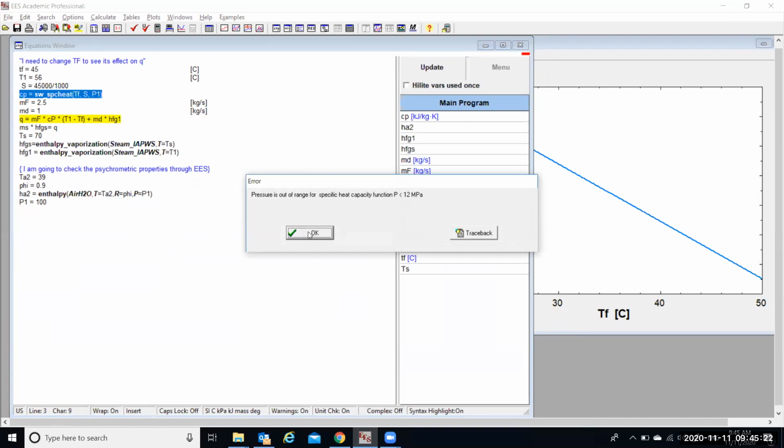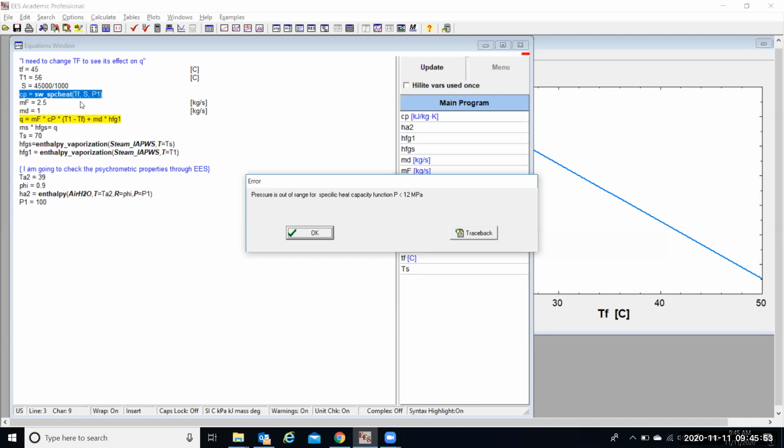And this is one of the things that you may face sometimes, that sometimes you are putting equations that are bringing you out of the range. And you have to be careful, because if you remember, for example, in the heat transfer correlations, we used to have equations for Nusselt number, and this equation is applicable for Reynolds number between this range and that range, and for Prandtl number between this range and that range.